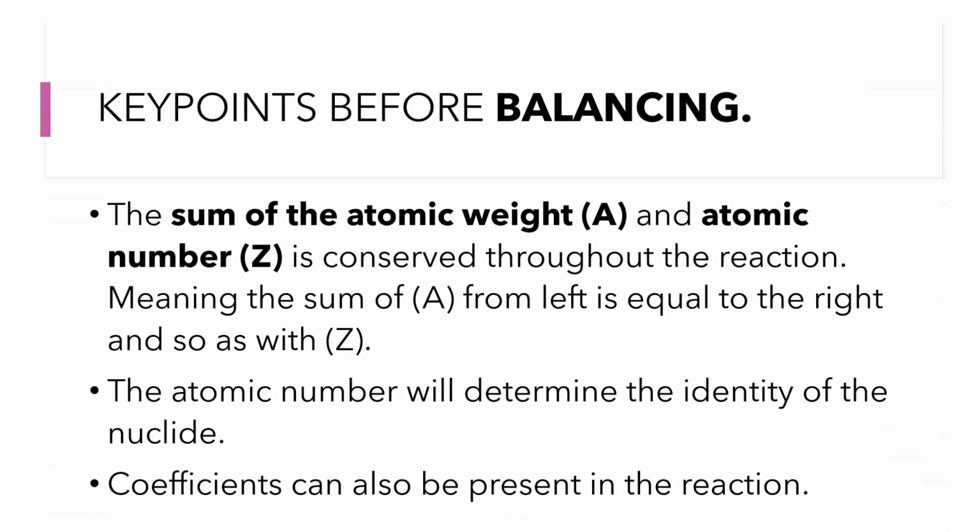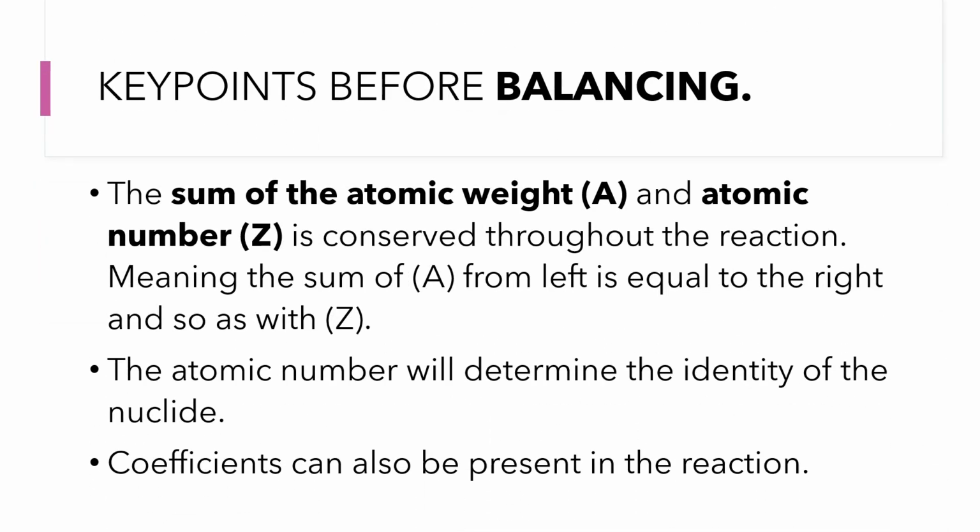Okay, so the key point here is, before balancing, we need to take into consideration that the sum of the atomic weight A and atomic number Z is conserved throughout the reaction. So meaning the same lang siya. The sum of the A from left equal to the right, and so forth in Z. The atomic number will determine the identity of the nuclei.